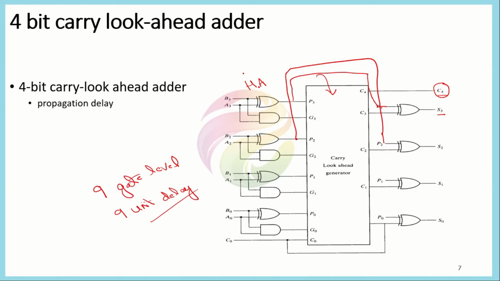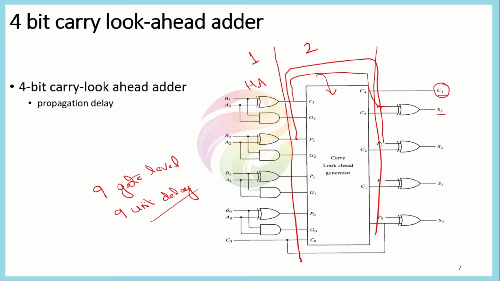For this half adder of the system, we will have a 1 level gate delay here, and we have already seen in the previous slide that the circuitry inside this block represents a two gate level delay, because it represents a sum of products.